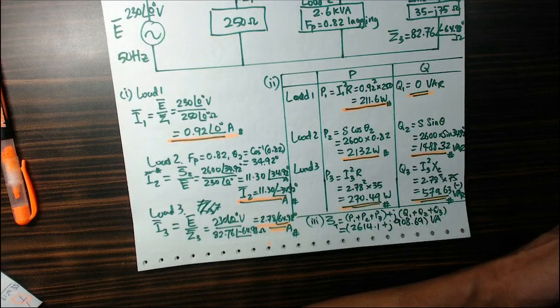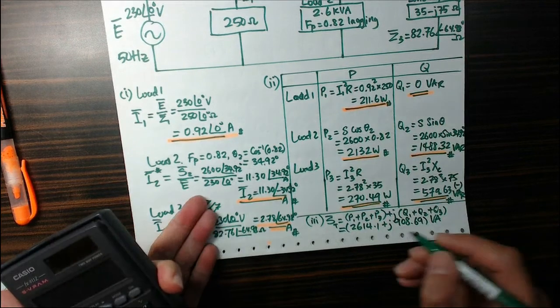Polar form: 2614.1, 908.69. That will give me 2767.53.